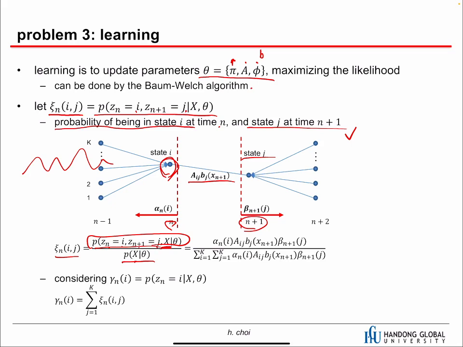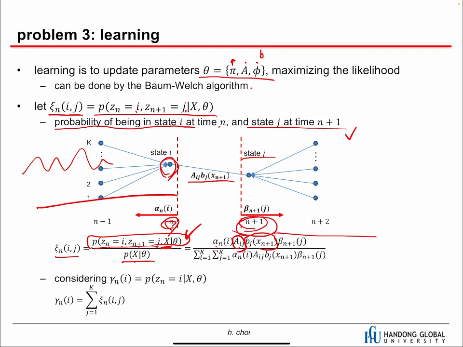And we have all the observations, which means it can be rewritten by this alpha and beta. So alpha_n(i) covers all this path, including the emission at n, and beta_{n+1} covers all the paths without the emission at n plus 1. So we need the emission here, and then the transition between i and j. So that's what this is.